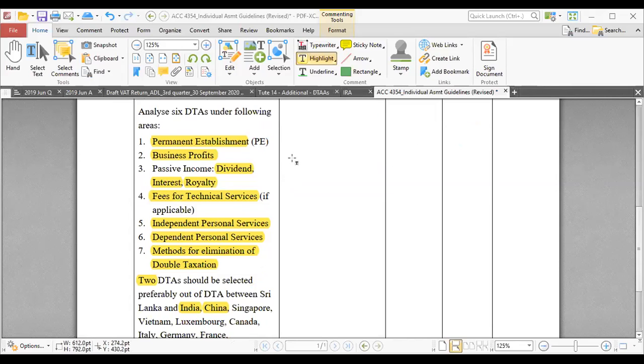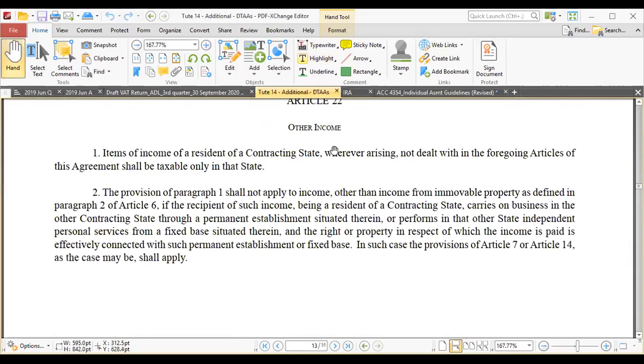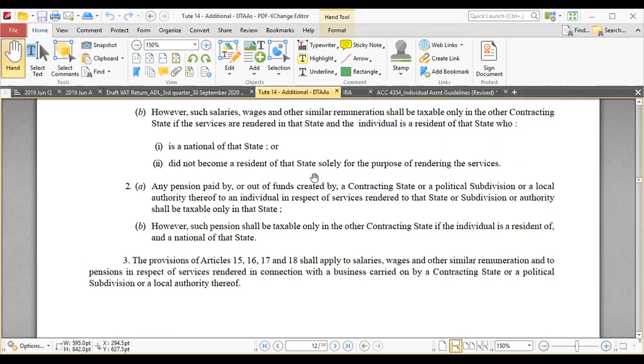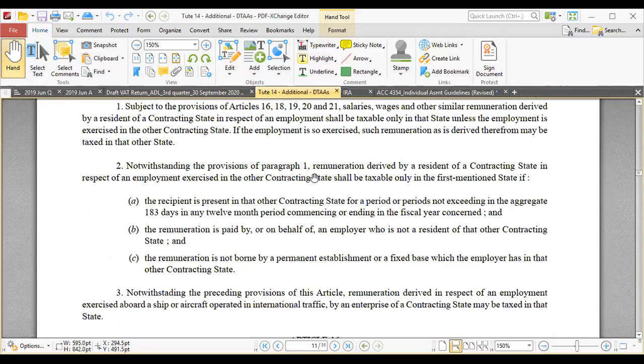I shared a website which includes several DTAs. If you want me to download and share them, just put a message saying which DTAs you are going to analyze, and I can share the PDF version as well.